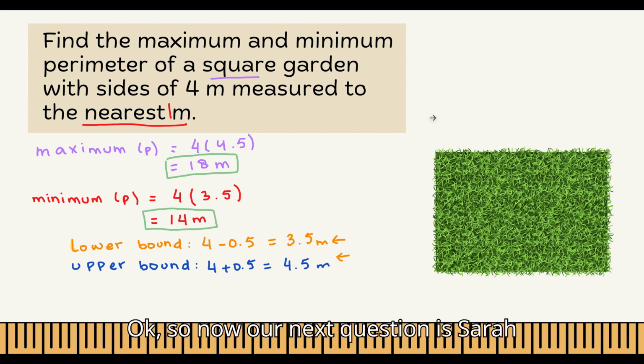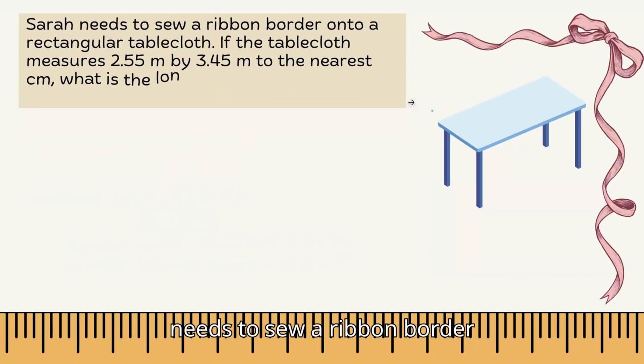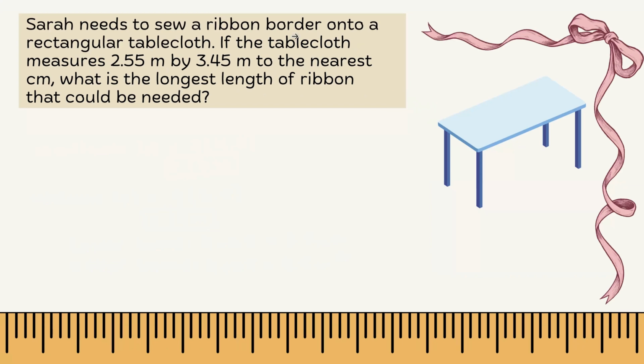Okay, so now our next question is, Sarah needs to sew a ribbon border onto a rectangular tablecloth. If the tablecloth measures 2.55 meters by 3.45 meters to the nearest centimeter, what is the longest length of ribbon that could be needed?